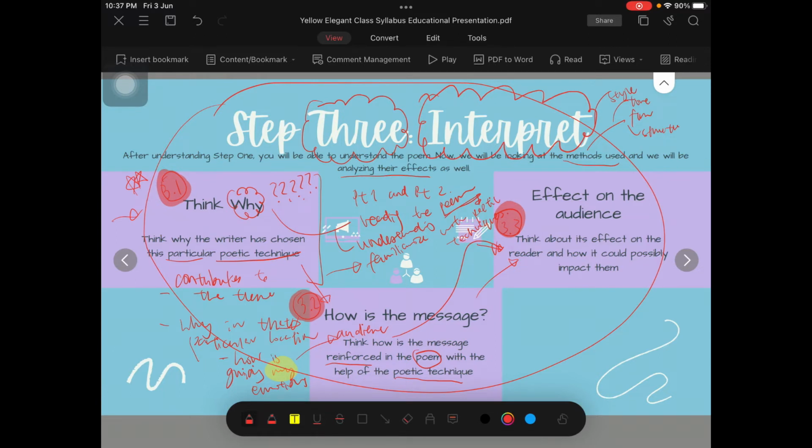This generally means you will get more points in your essay, because you will have more content and also more organization, as you're thinking in a more logical manner. So it's very important that you understand the three sub steps: thinking why, how the poetic technique brings out the message, and what the effect on the audience is.